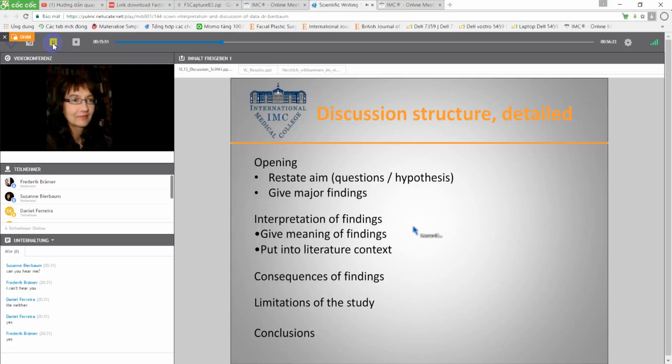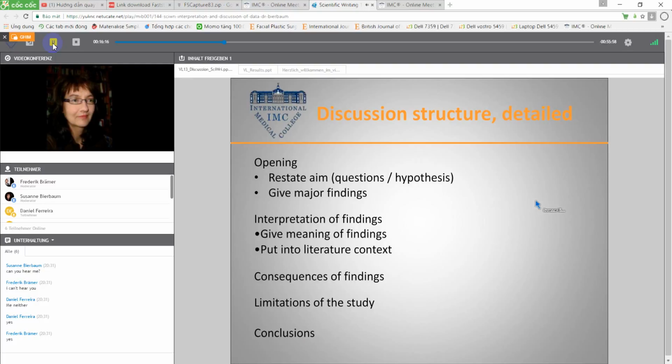And also 2 more points. The consequences, what do they mean for the population as a whole? This would contain the recommendations you can make and the limitations of the study. When you say, how reliable are my results, essentially? Those 2 points should also be addressed. They would be in the major part. And then, of course, in the end, we still have the conclusions.